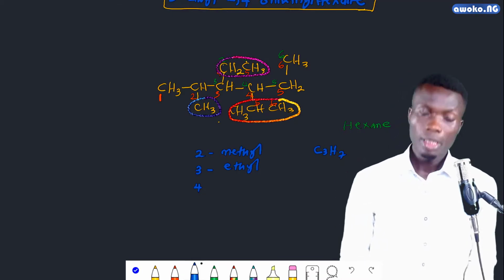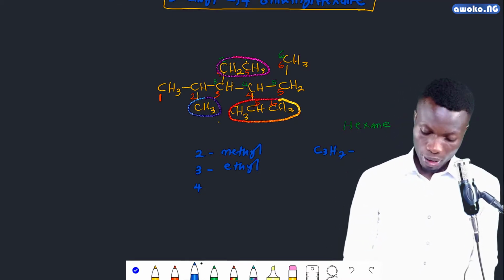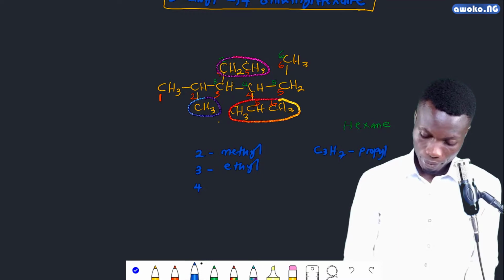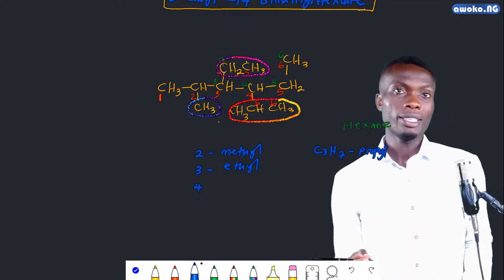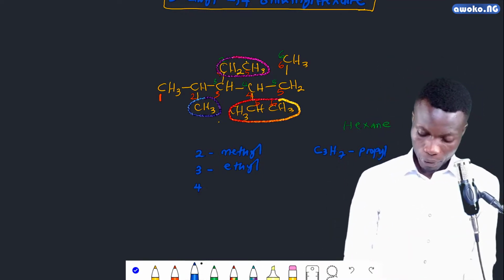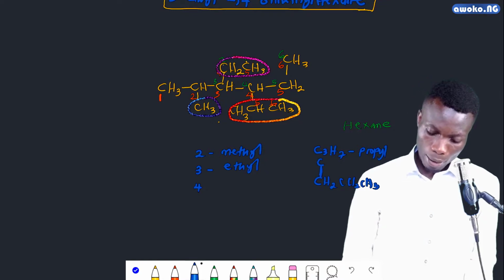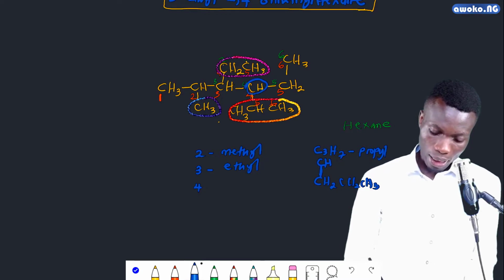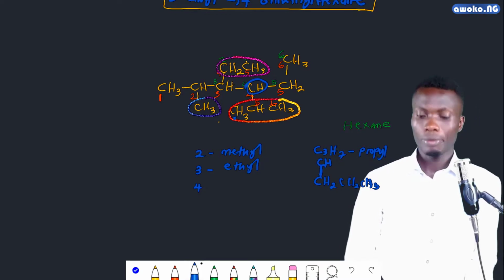So we have C3H7. Now, that is supposed to be from our principle of derivation of alkyls. It's supposed to be propyl. But hey, don't be excited yet. Now look at it. Propyl can be written as CH2, CH2, CH3. Now, if that carbon was attached on this carbon, we can call it propyl.